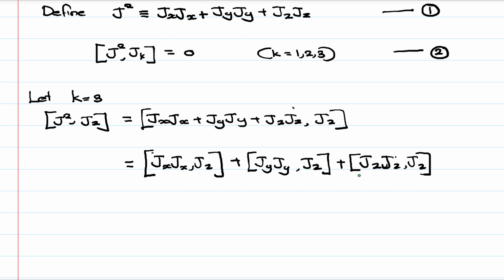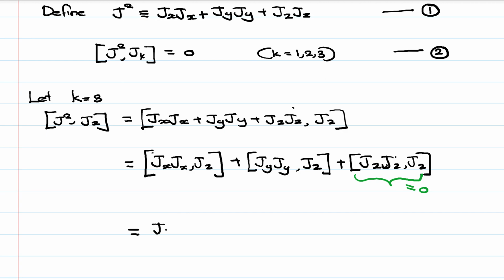At first glance itself we can see that this last term is equal to 0 because every element is jz. So we are left with two terms. Now we will have a look at the two terms. So I am going to expand this commutator.